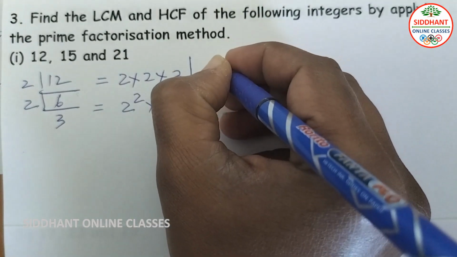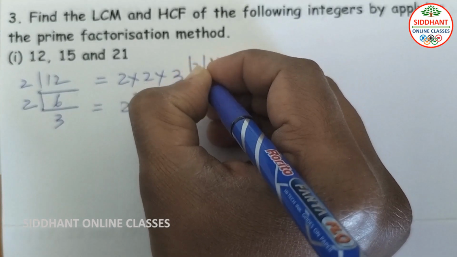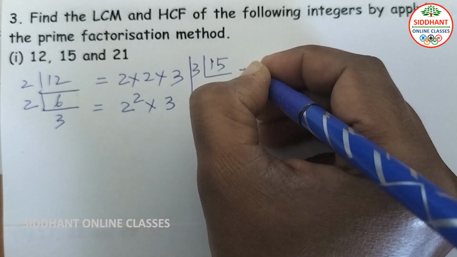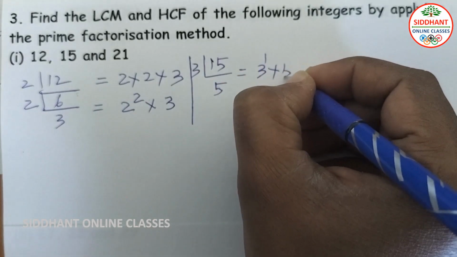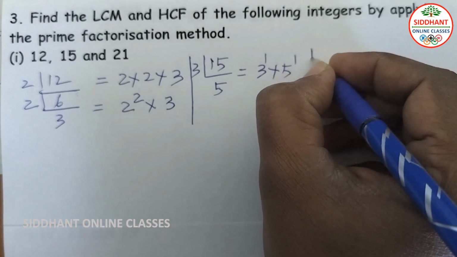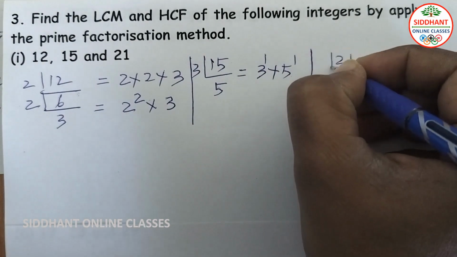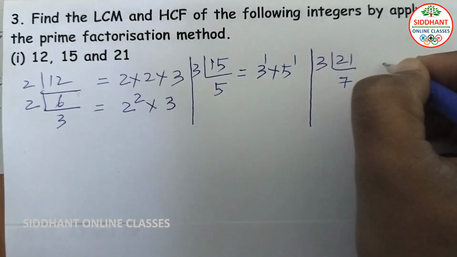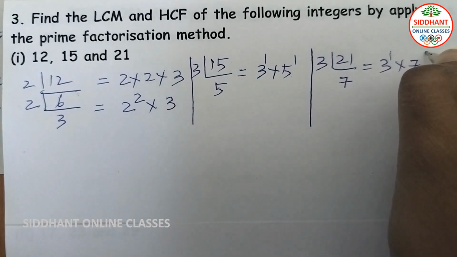For the number 15, it divides by 3 to give 5, so the factors are 3 into 5. The next number, 21, gives 3 and 7, so that is 3 into 7.